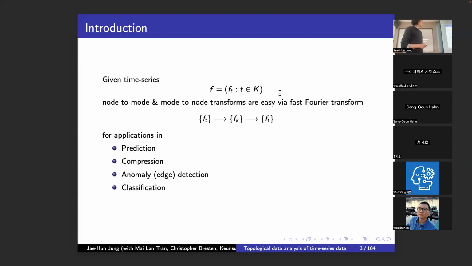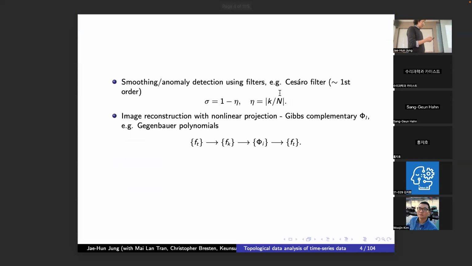Depending on the operation in this mode space, we can do prediction, compression, anomaly detection, and other important business. For example, anomaly detection using a low pass filter.